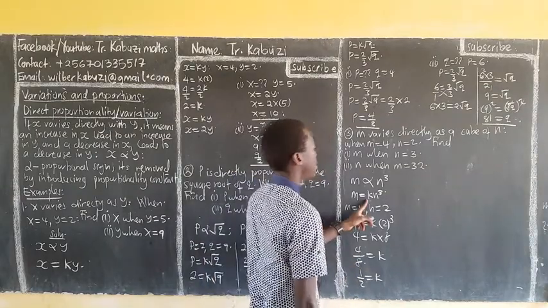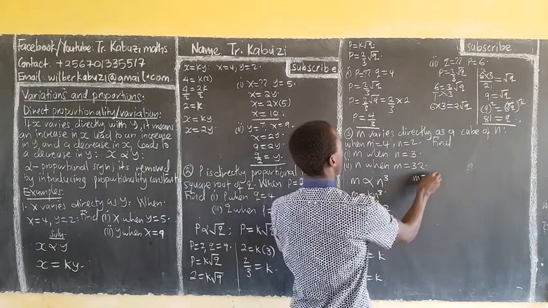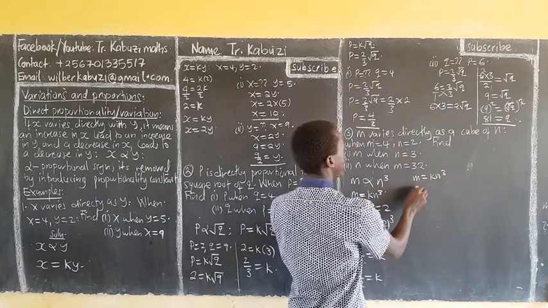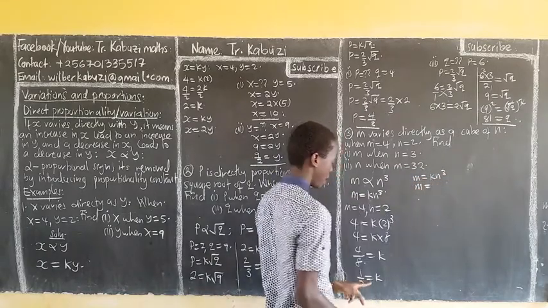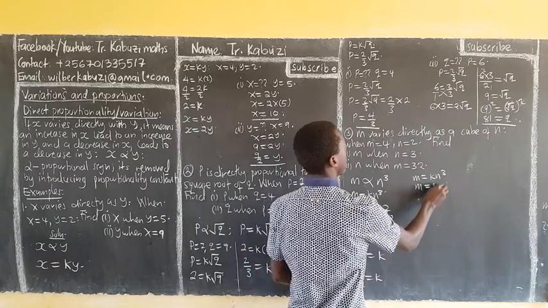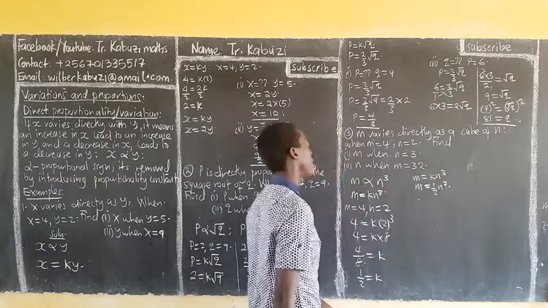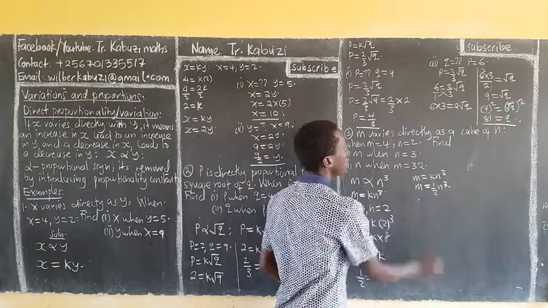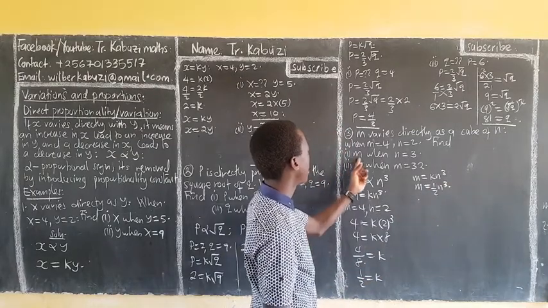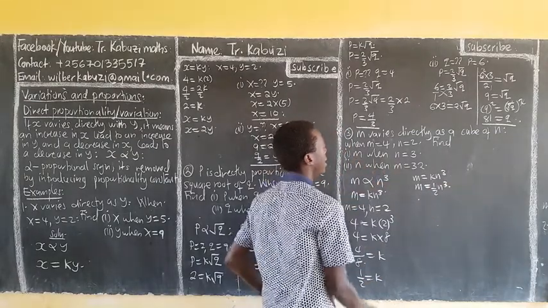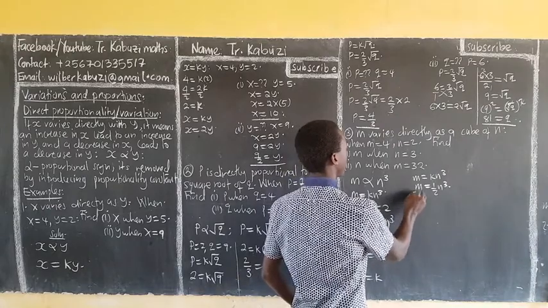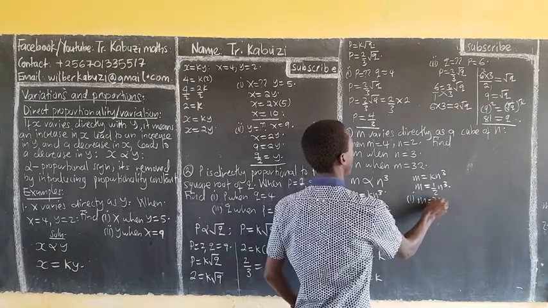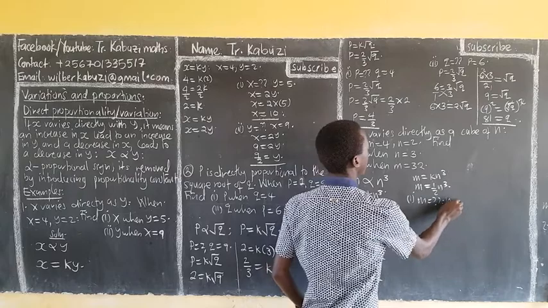So writing this statement back: m equals k n cubed, where my k is a half. Now I start to find m when n is 3. So number 1, they want me to get m when n is 3.